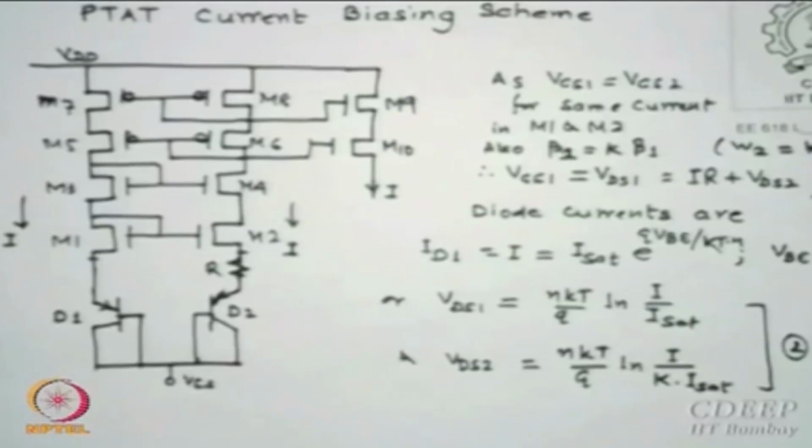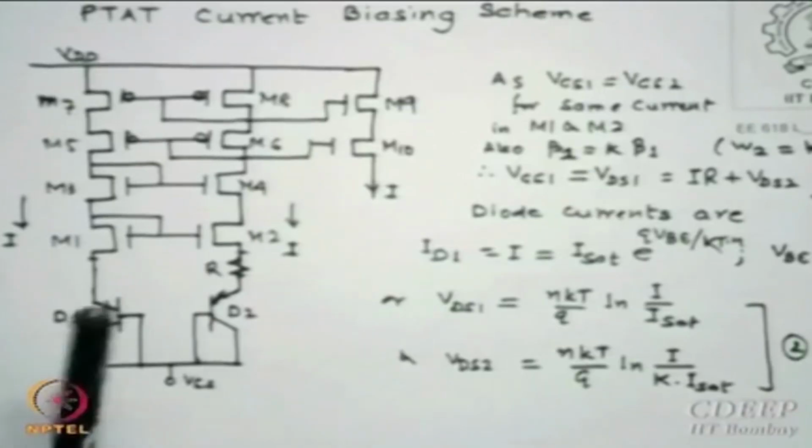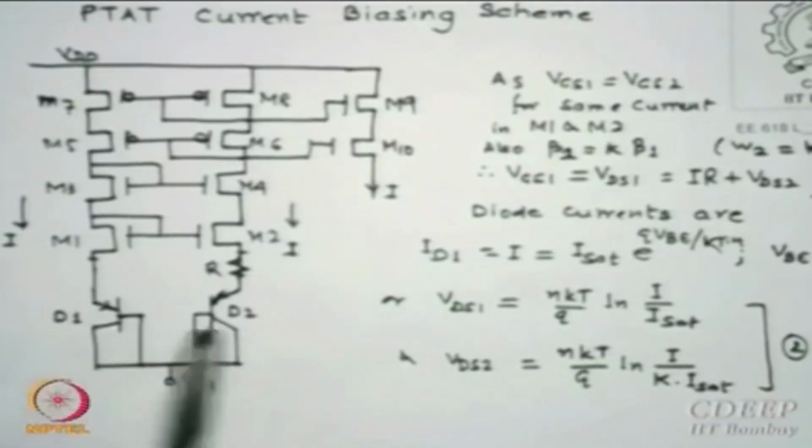When I want smaller values, I use the base emitter junction. So I use the base emitter junction as the diode here. Anyway, this is your choice, but I am just trying to show you how one does it. So there are two diodes, D1 and D2.